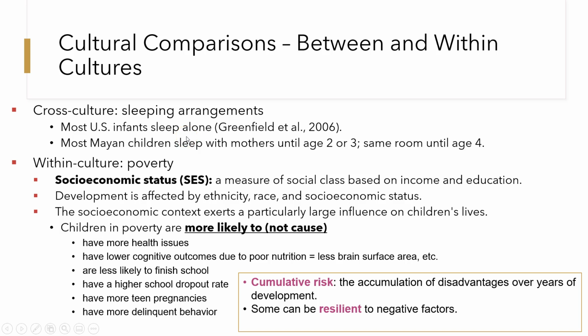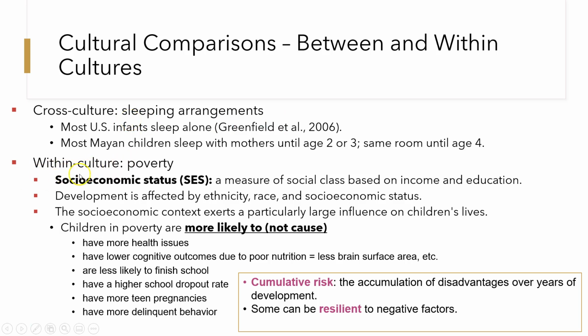In fact, there's usually a nursery set up with a crib in another room separate from the parents. But most Mayan children sleep with their mothers until age 2 or 3 and stay in the same room as their mothers until age 4. Just a very different set of cultural expectations or norms. So that would be between cultures.